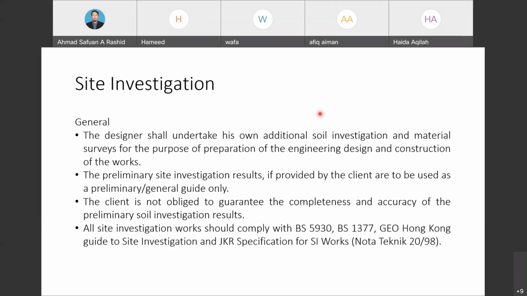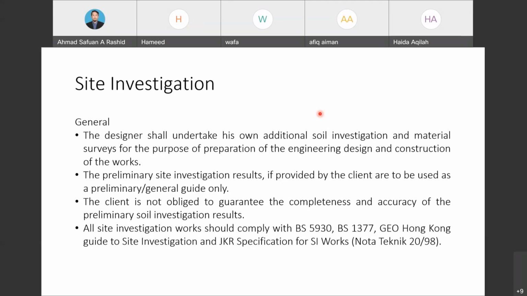Okay. If not, unless there is no allocation, okay, or any budget allocated to carry out the SI, so the designer can use, okay, the preliminary SI result. Okay, the client is not obliged to guarantee the completeness and accuracy of the preliminary soil investigation result.